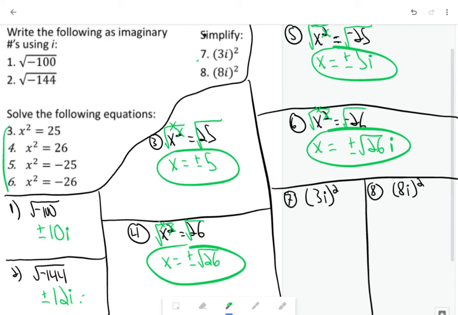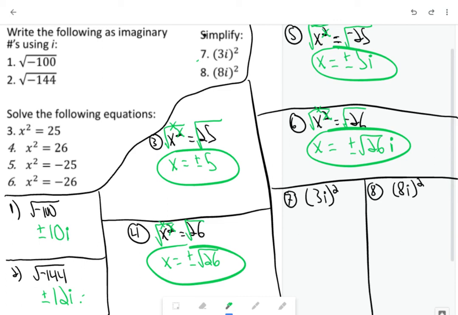Solve the following equations. The last basic thing with imaginary numbers is we're going to look at number 7 and number 8, where we have imaginary numbers and we square them. What happens if I take an imaginary number and I square it?